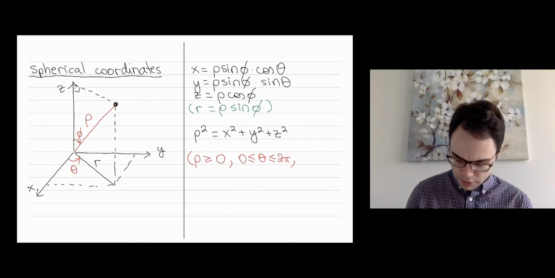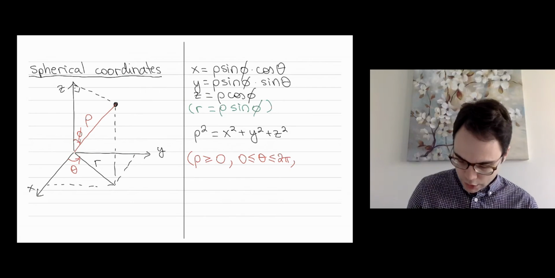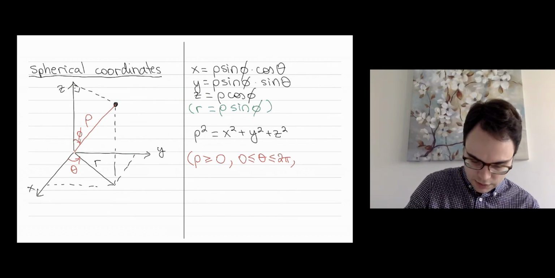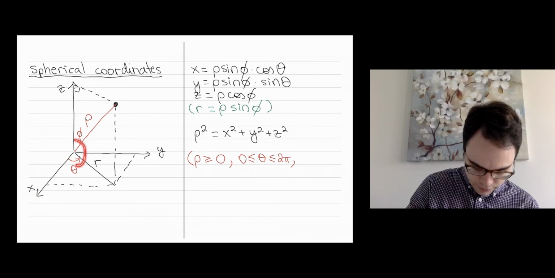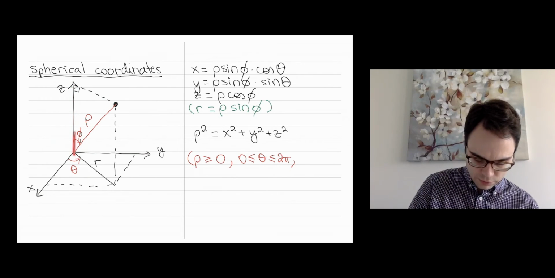And finally, the last convention is about phi. So this angle phi over here. When phi is 0, I'm at the North Pole, right? Because I'm measuring from the z direction. So if phi is 0, I'm on the z-axis over here.